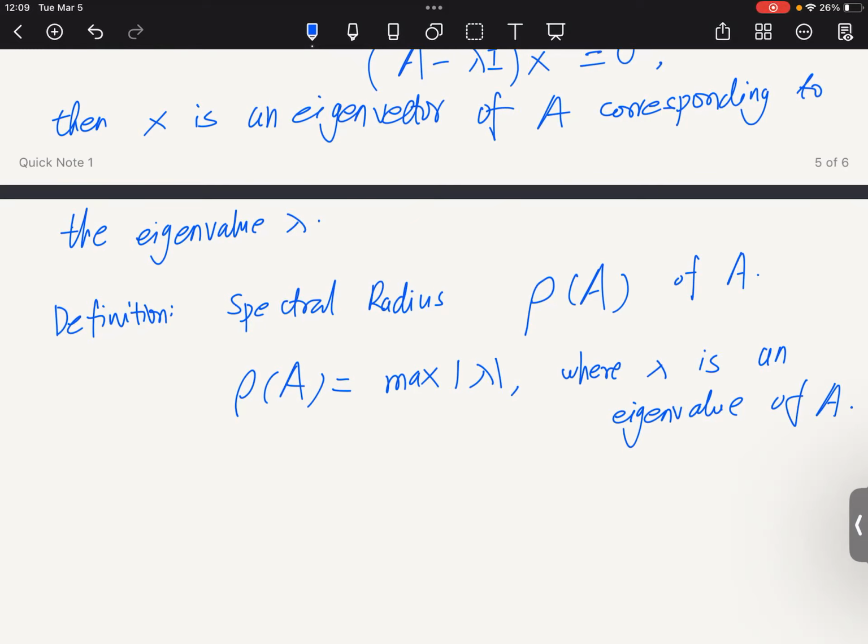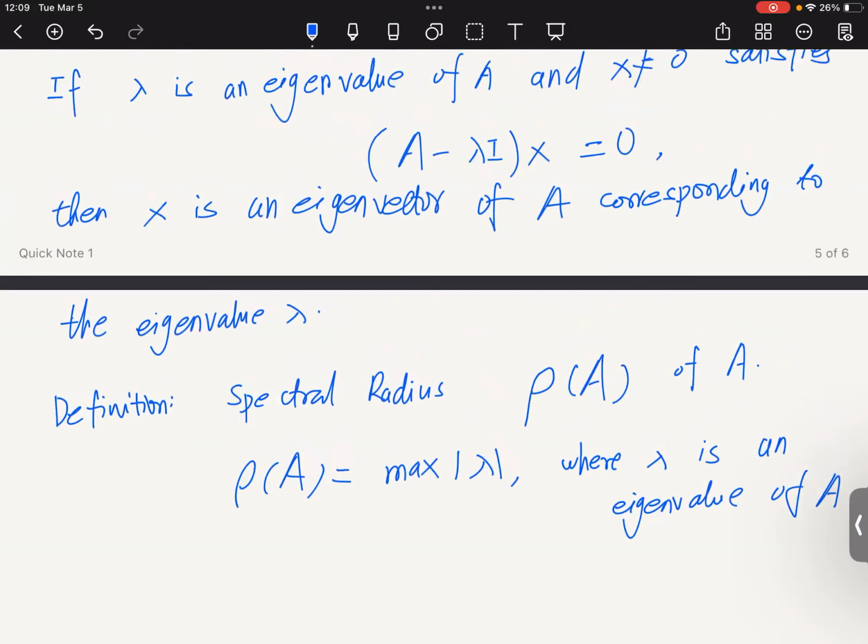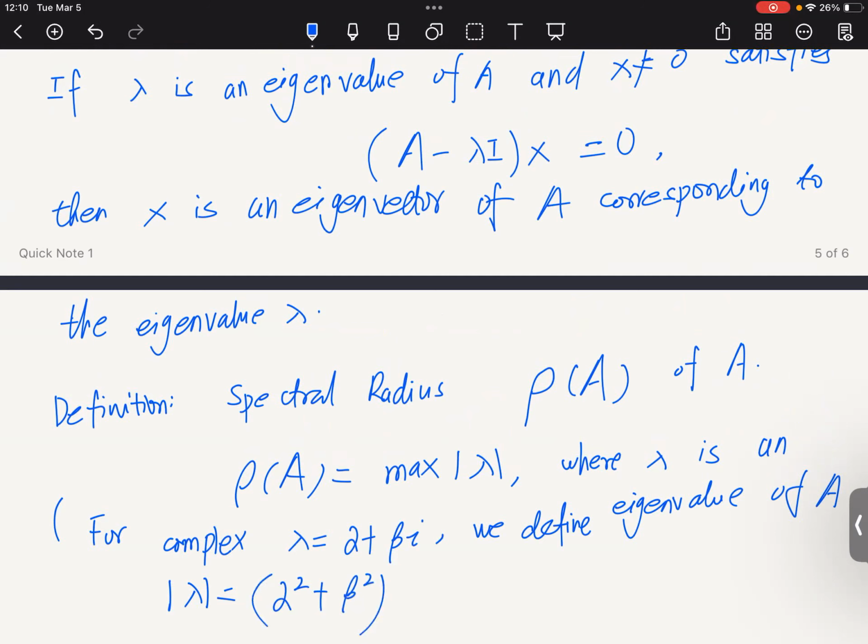But here, lambda could be a real number, and it could also be a complex number. If it is a complex number, the bars here are not the ordinary absolute value. If the number equals alpha plus beta i, then the norm of lambda is the square root of alpha squared plus beta squared.